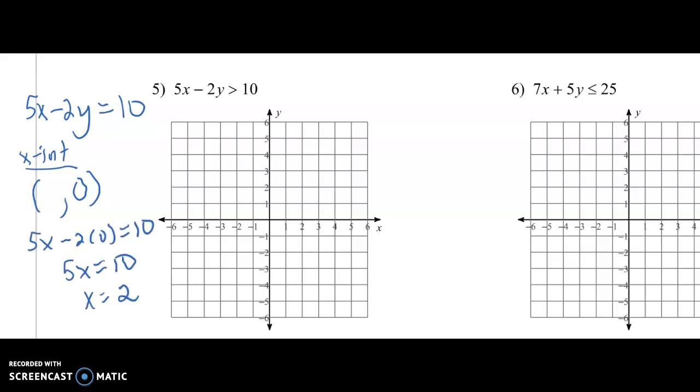By plugging 0 in for y, that knocks out that term in the equation, leaving us with 5x equals 10. And solving for x, we get x equals 2. So there is our x-intercept. It's at (2, 0) on the coordinate plane.